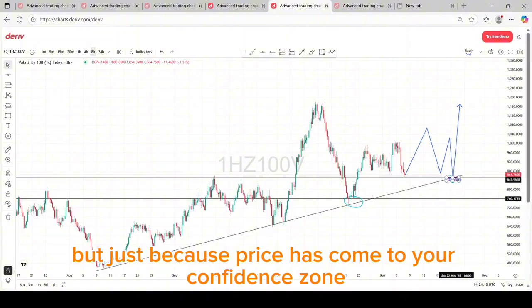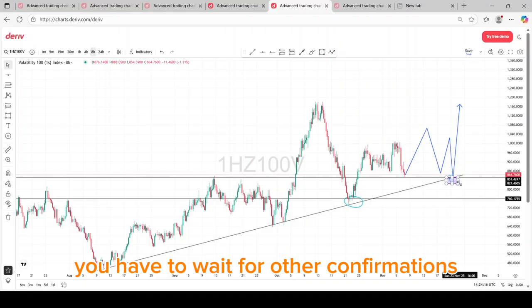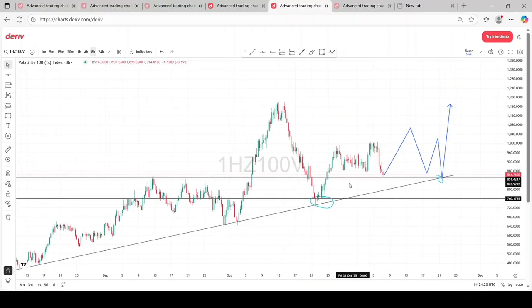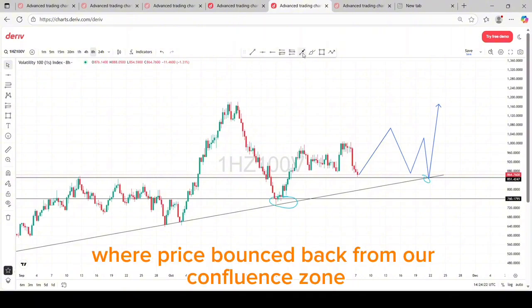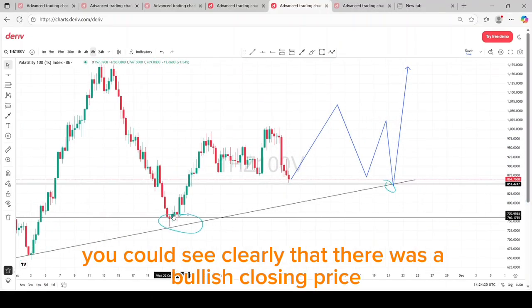But just because price has come to your confluence zone is not enough reason to just jump into the market and start buying. You have to wait for other confirmations. Personally, I will want to see, at the previous level where price bounced back from our confluence zone, you could see clearly that there was a bullish closing price.